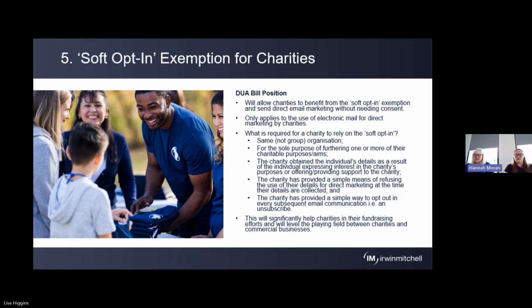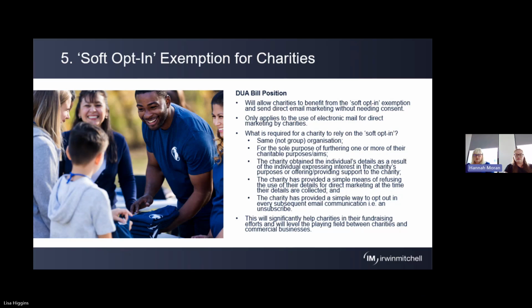In a similar sort of way to where you've got a commercial business, it's not like a cold calling thing. It's got to be to somebody who they've had some engagement with. So somebody that has either offered support or previously engaged with a charity in relation to making a donation or providing support to that.